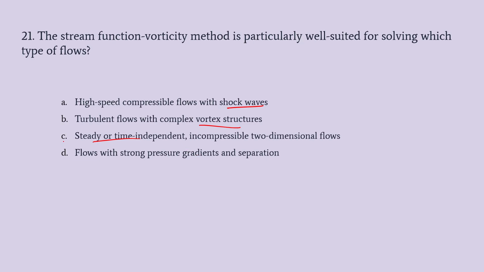Yes, you are right. Option C is the right answer. Yes, as we know, stream function vorticity method is a method like artificial incompressibility method.